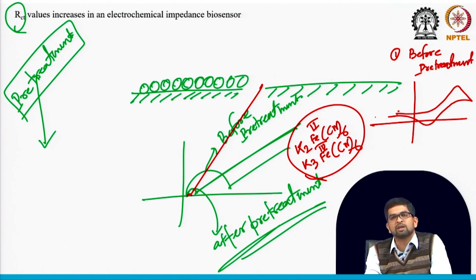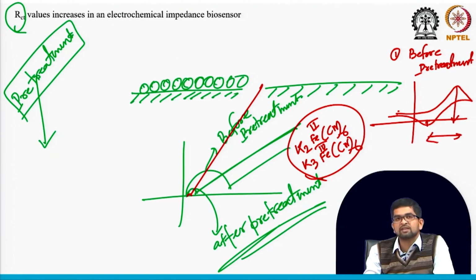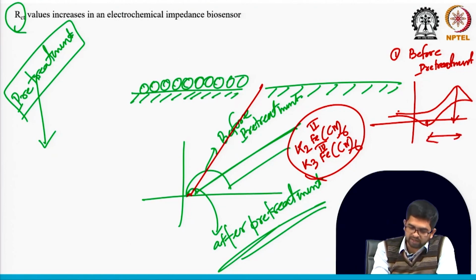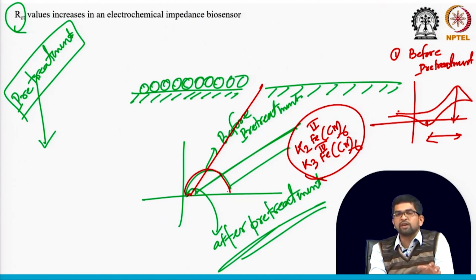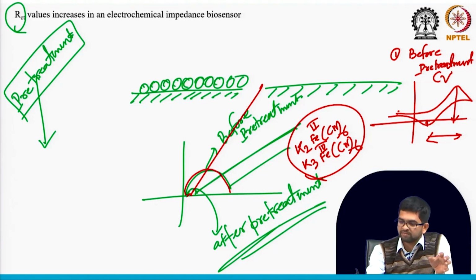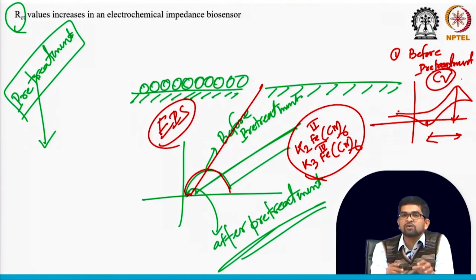This kind of cyclic voltammogram you may get. And if you see this oxidation peak potential and reduction peak potential, they are very far from each other, and you may get this much RCT before pre-treatment. So, you can correlate cyclic voltammogram and EIS. Okay, these two you can correlate.